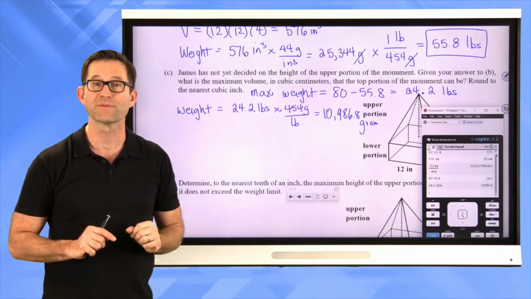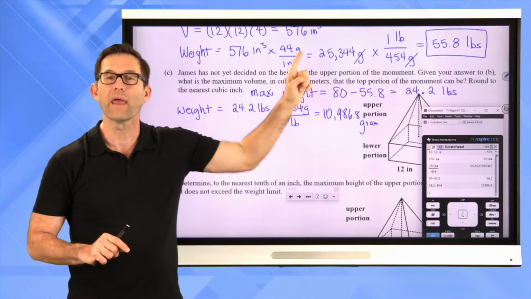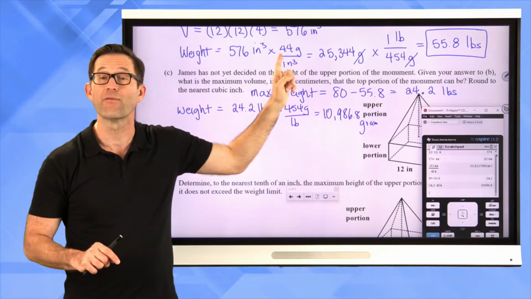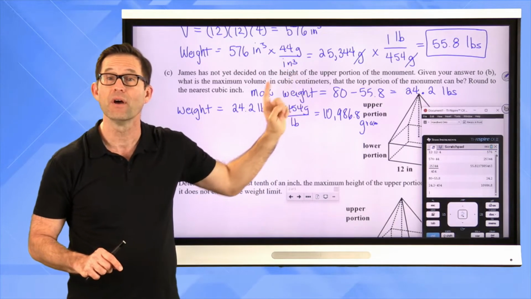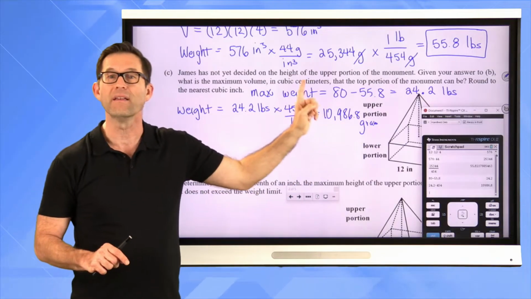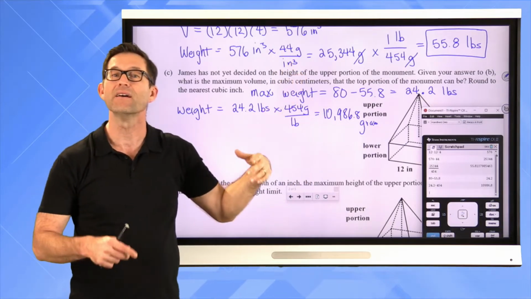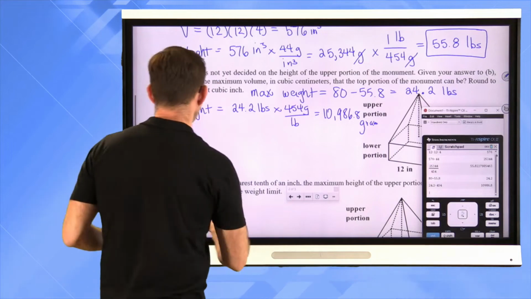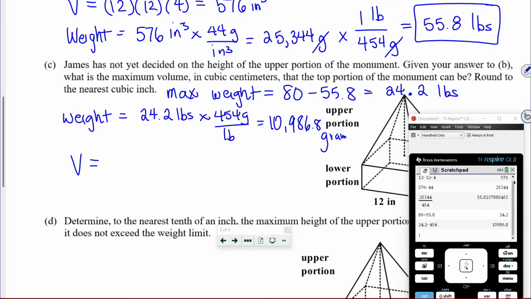Now, we know that we have 44 grams per cubic inch, so I can take my weight and divide it by my density to figure out my volume. Remember, volume is mass divided by density, and this really is a mass.